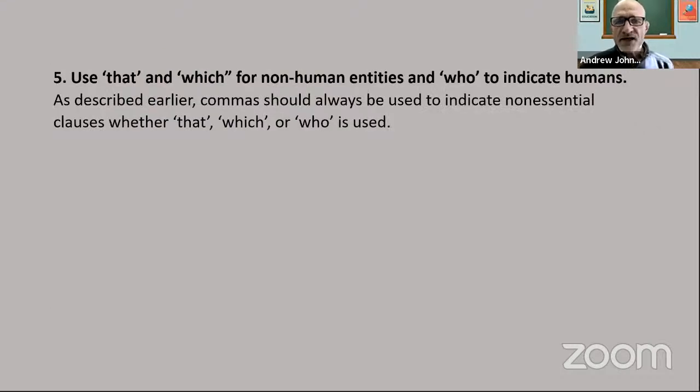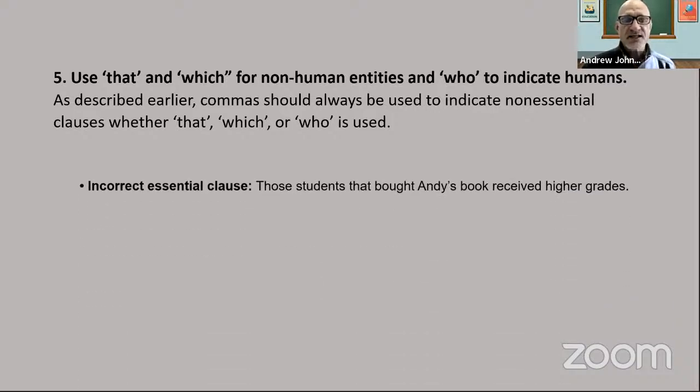Use "that" and "which" for non-human entities and "who" to indicate human entities. As described above, commas should always be used to indicate non-essential clauses, whether you use "that," "which," or "who." For example, this is an essential clause. Those students that bought Andy's book received higher grades. All right.